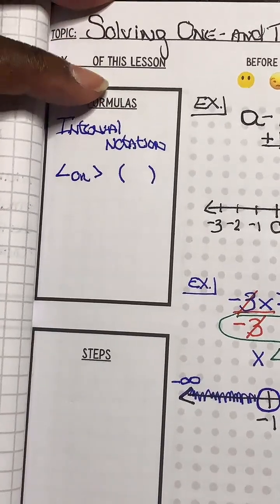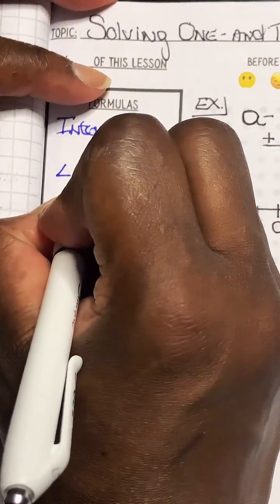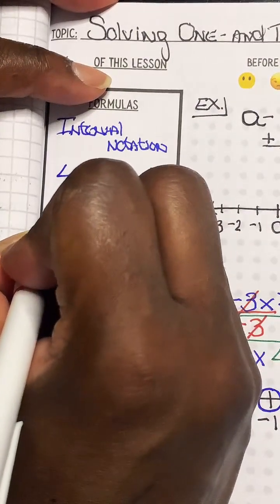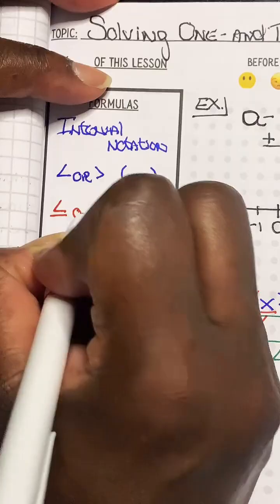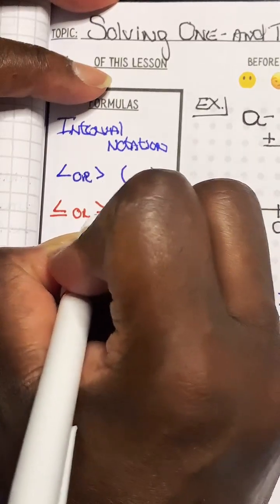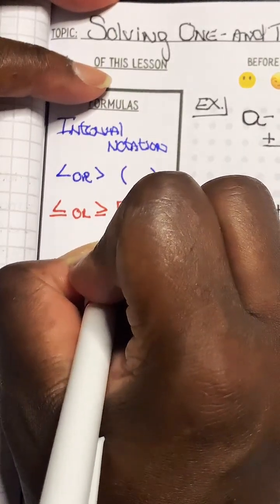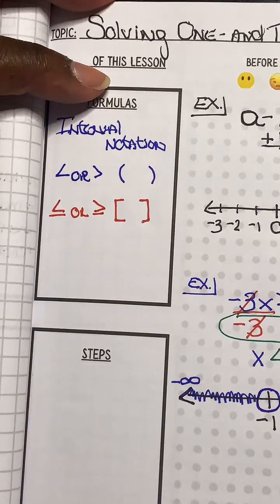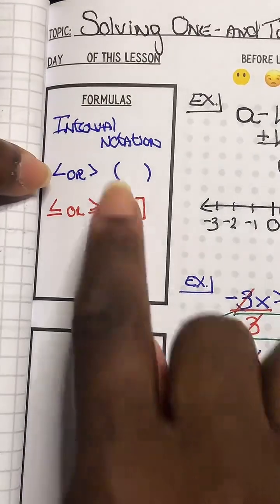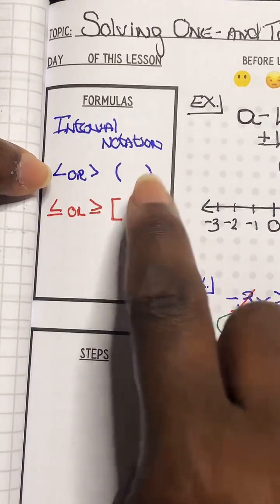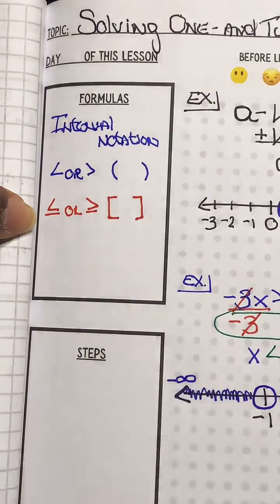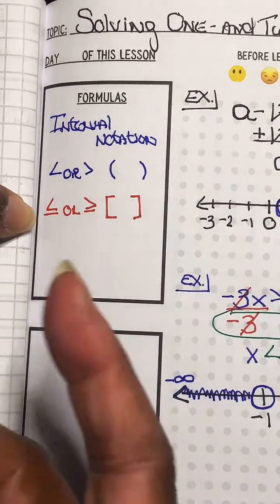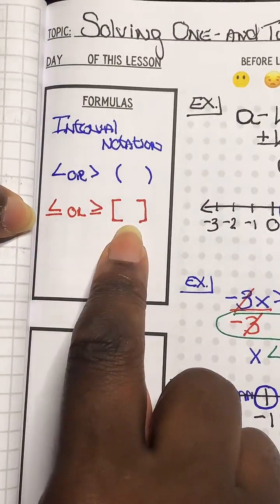When you have less than or greater than, it's always parentheses. When you have less than or equal to, or even greater than or equal to, it's always brackets. So what you know to use for an open circle, you will use for parentheses. Whatever you would use for a dot, I don't know why we call it a closed dot, we would use brackets.